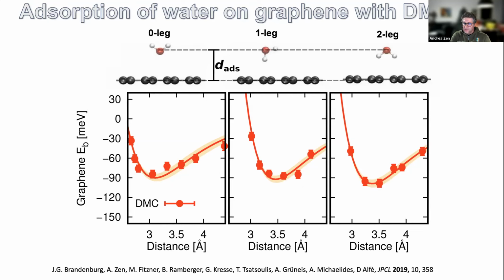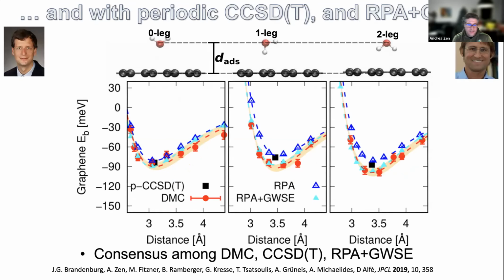And in this case, where the experiments cannot tell what the actual interaction was with high precision, to be confident of our results we asked some collaborators to also do reference method calculations. And so Andreas Grüneis made this periodic coupled cluster calculation, which gives the interaction that you see with the black square.